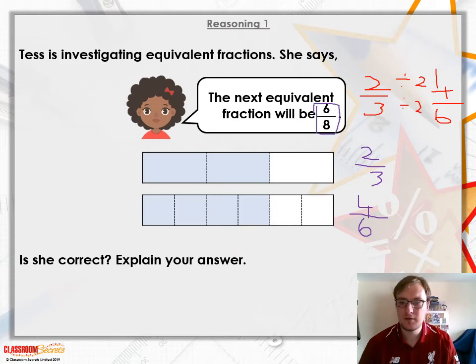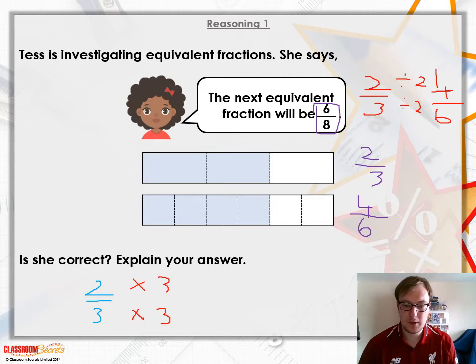Now let's just check. So if that was times by 2, our next one, so 2/3, would be multiplied by 3, because that's the next number in our pattern, which is going up in 2, 3, 4, that sort of pattern there. So we've got 2/3. Now we're going to multiply that by 3. We can do that to both our top and our bottom, because we're finding our equivalent fractions.